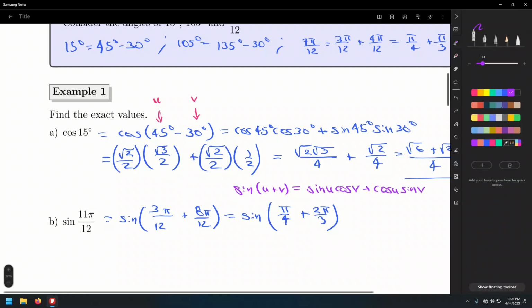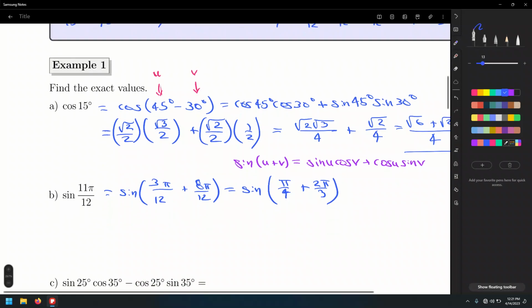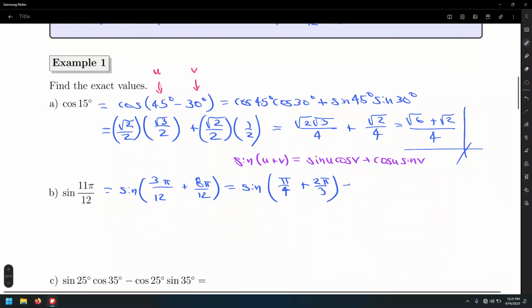All right. So let's use this formula. That's sine of pi over 4 cosine of v, which is 2 pi over 3, plus cosine u, which is cosine of pi over 4, sine of 2 pi over 3. Okay.